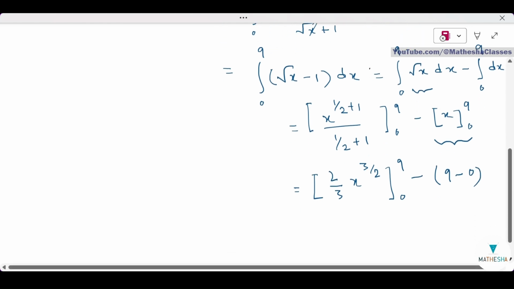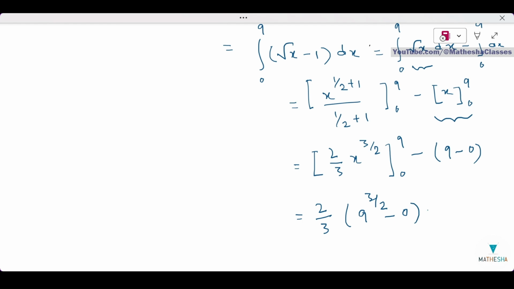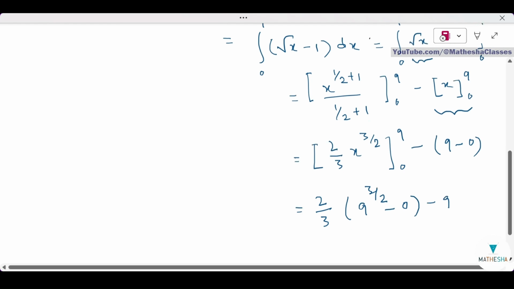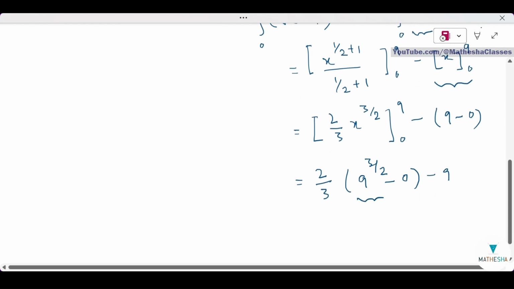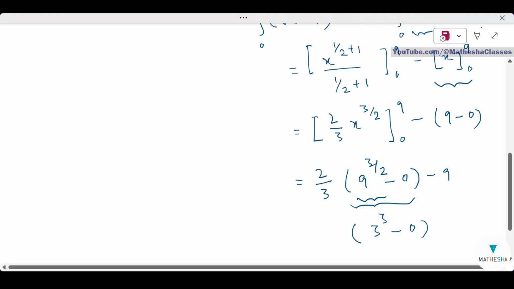Now the first part, by putting the limit, will give you 2/3 times 9 to the power 3 by 2 minus 0 to the power 3 by 2, minus 9 minus 0. Now 9 to the power 3 by 2 is equal to 3 cube.